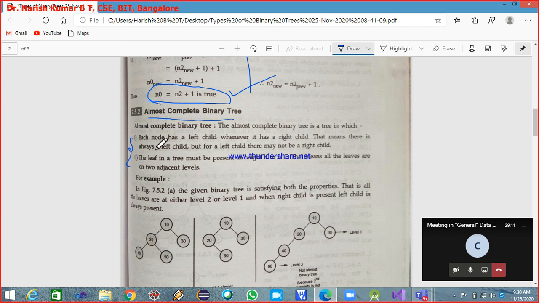What is the first one? Each node has a left child whenever it has a right child. I hope you understood. If there is a right child for a node, it should have what? The left child as well. That means there is always a left child, but for a left child there may not be a right child.